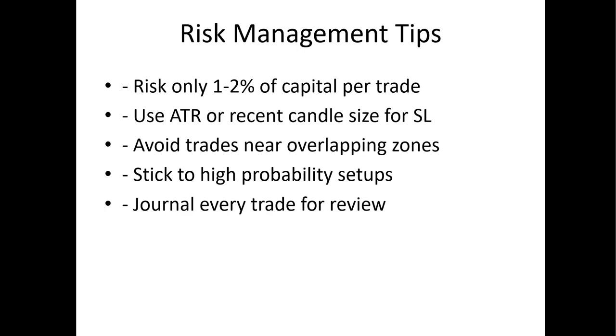At that time, you need to avoid trades. Only stick to high probability setups. And after applying all these indicators, you have to journal every trade for review. Then only if you backtest it, your confidence will increase.